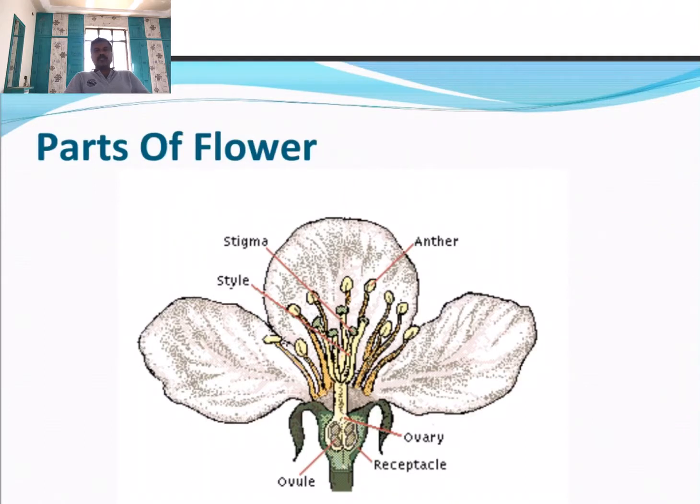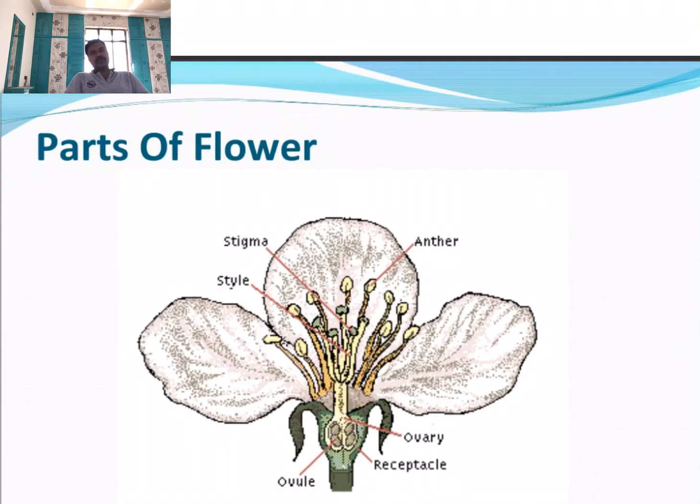In angiosperms, the flower is the reproductive organ. The flower has four whorls. Of these, the outermost two, the calyx and corolla, are non-essential organs, and the androecium and gynoecium whorls are essential organs.